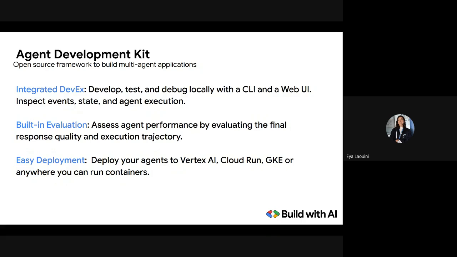Okay, so also in ADK, we find integrated development execution. Here we can, of course, use Gemini CLI and Web UI to inspect events, state, and agent execution. So here, for example, when we build an agent, we need to detect everything related to that agent, like the tasks it has done, the events, and the executions done by that agent.